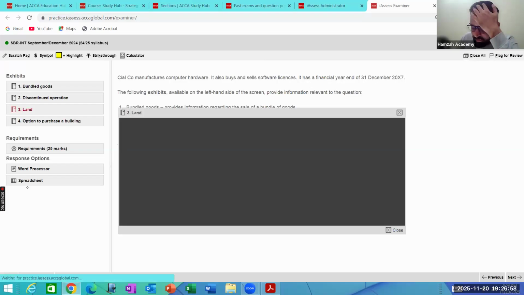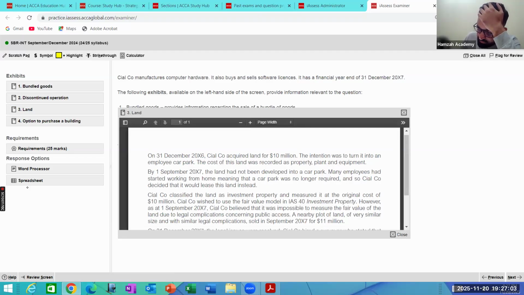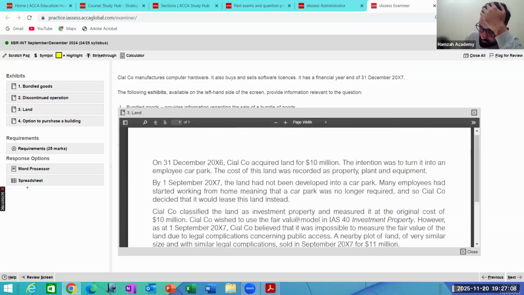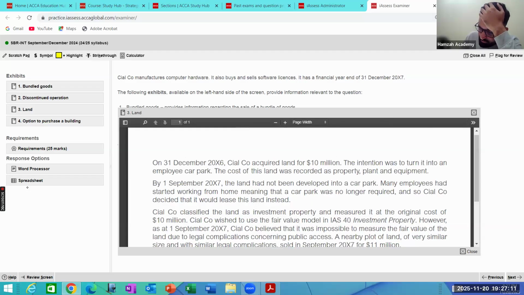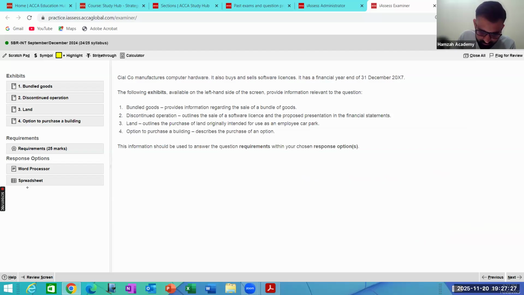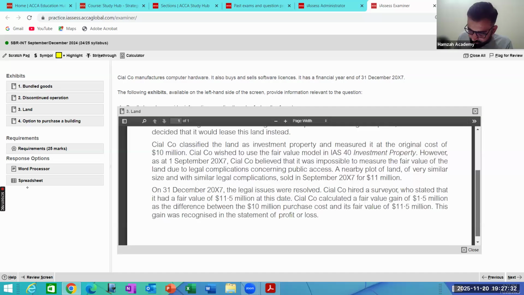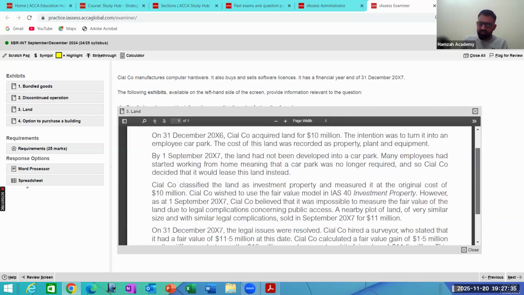Now for that purpose, we have to read the exhibit. Okay, so let's read it.